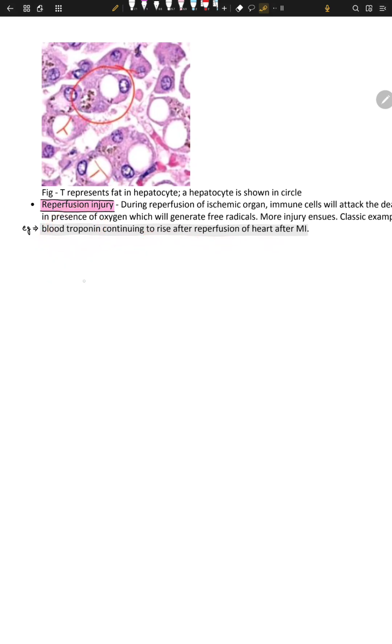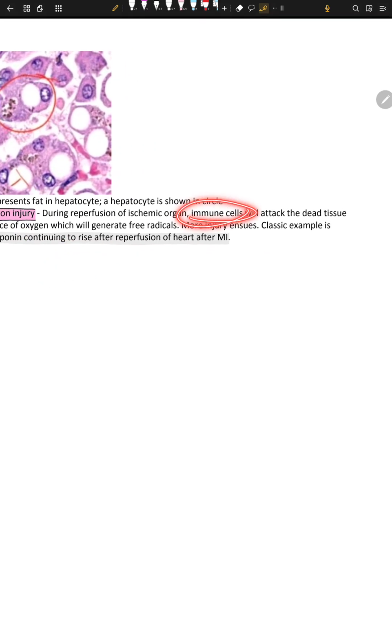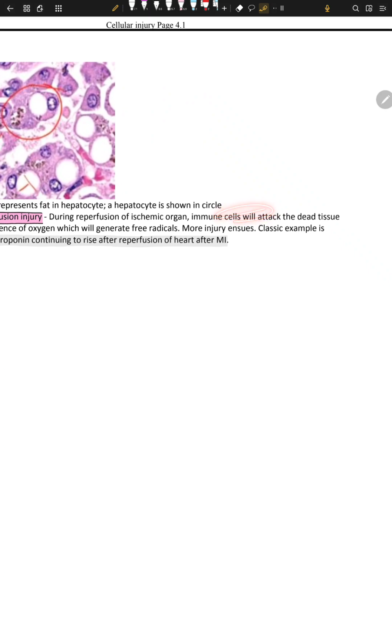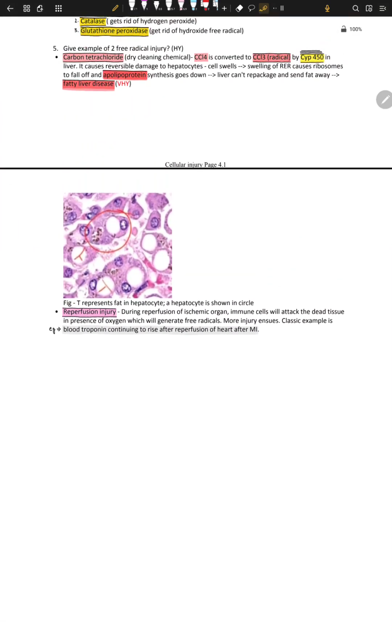Because the immune cells, with the help of O2, keep creating new free radicals, because this dead tissue is foreign to them now. The dead tissue doesn't have any identification markers for immune cells to recognize. So reperfusion injury leads to formation of free radicals.